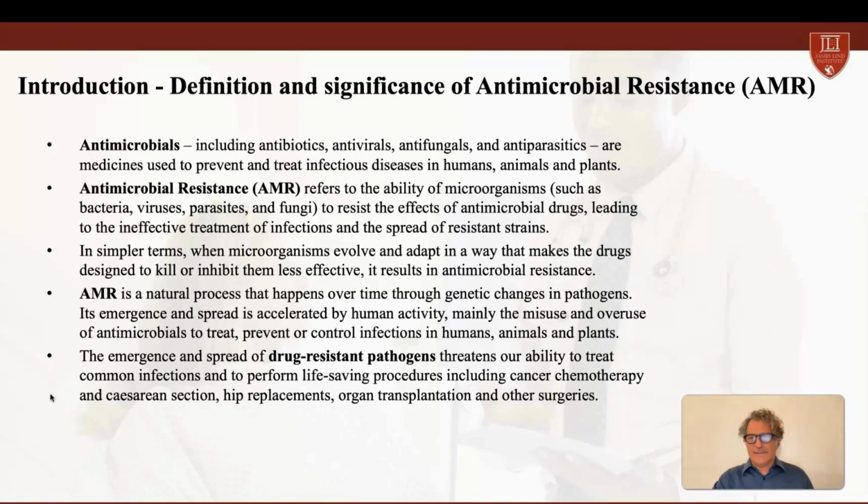So first of all, let's have a look at what we include under antimicrobials. Antimicrobials include all the antibiotics, antivirals, antifungals, and antiparasitics. So it's not just about antibiotics, even if, especially in this lecture, we will focus more on antibiotics, because they are also used in veterinary medicine and in animal farms.